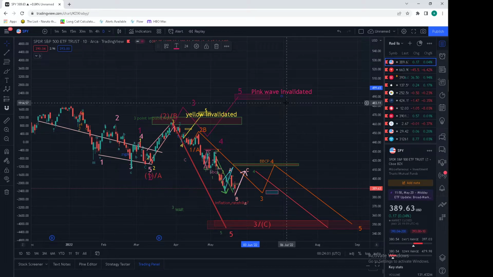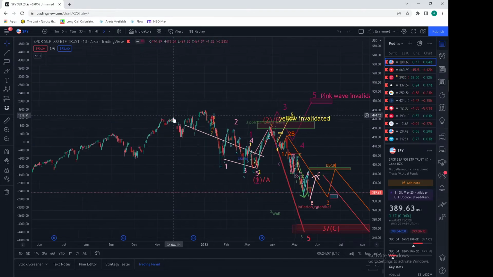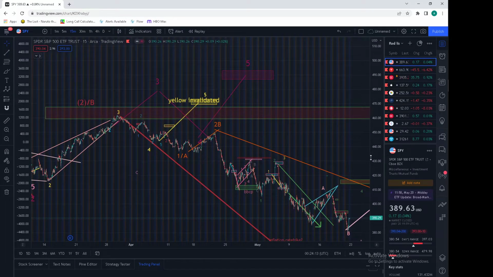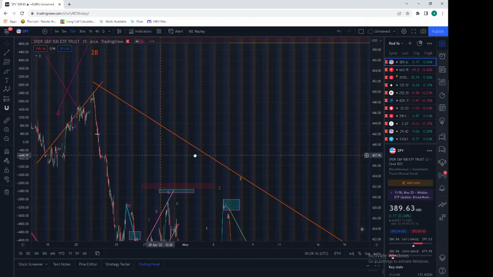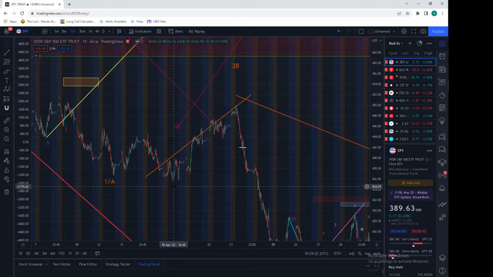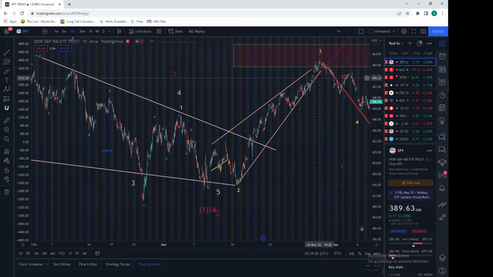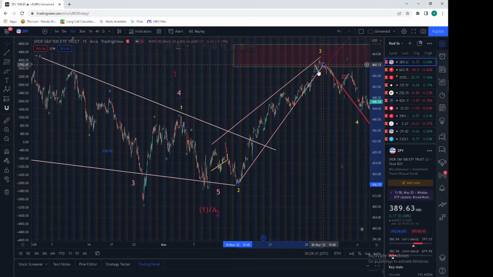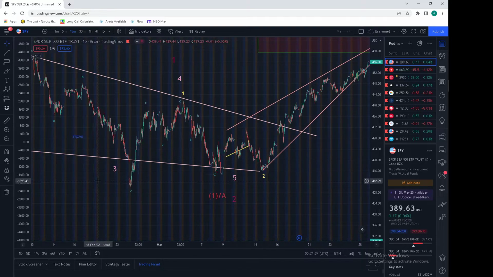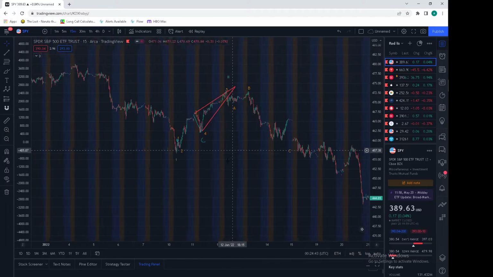So if you want to play levels, let's see if I can find a good example. Let's go back to this example.